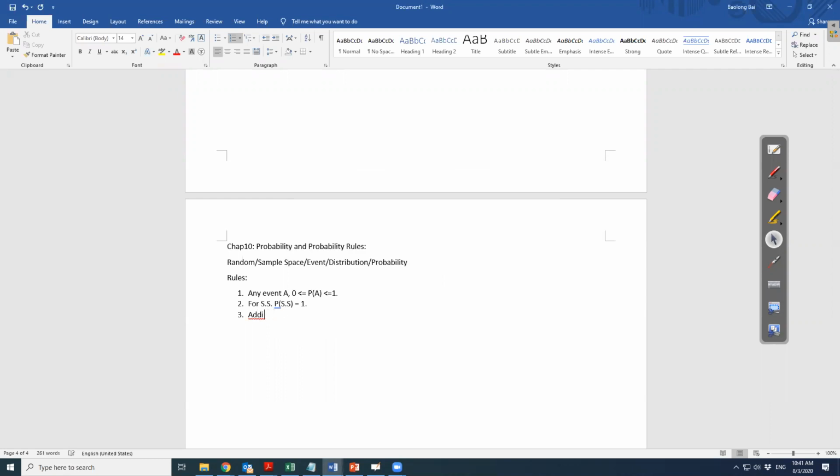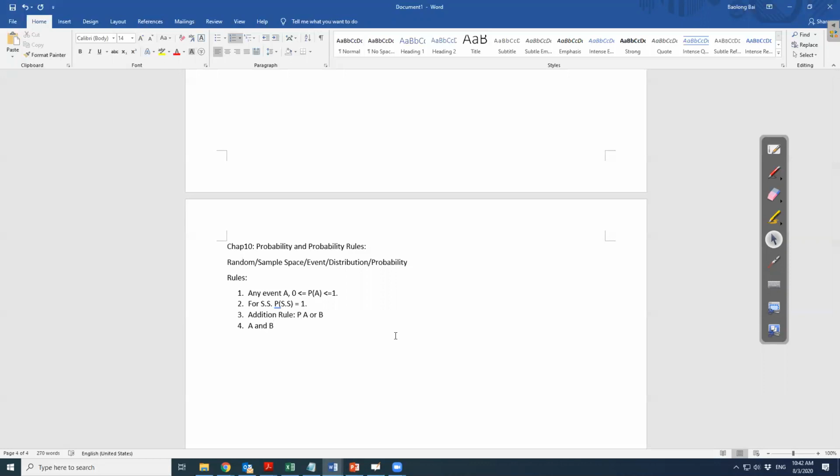And then for the addition rule, so in statistics, you're talking about the probability of events. And the event relationship, there are only 2 different relationships between events, either A or B, or A and B. So that's 2 different kinds of relationship, either or and. That's the only 2 things that could connect 2 events.